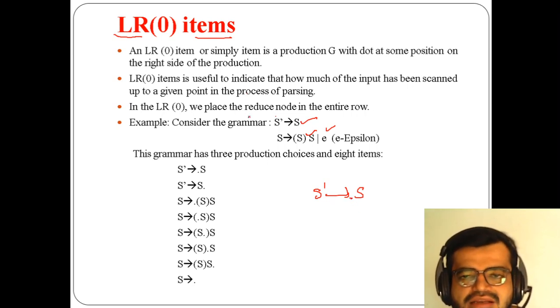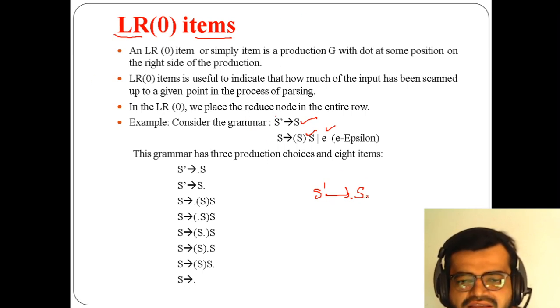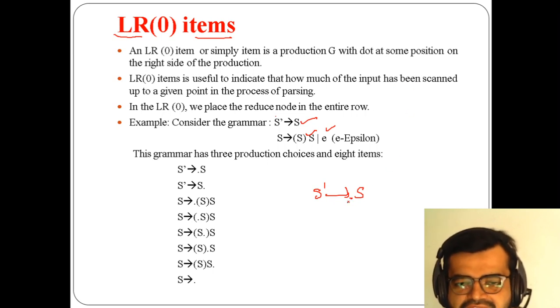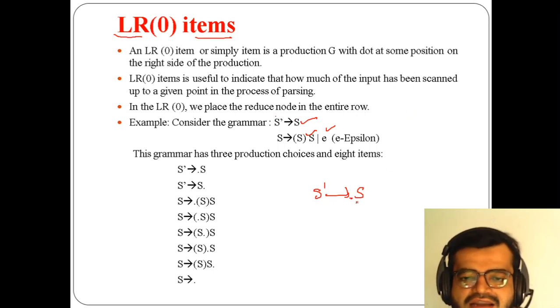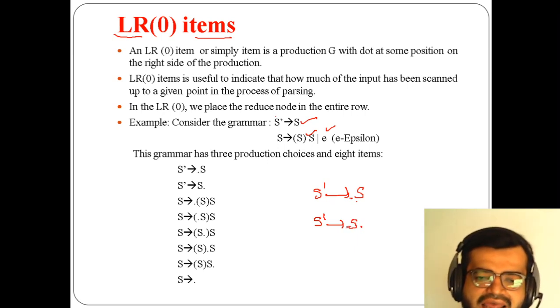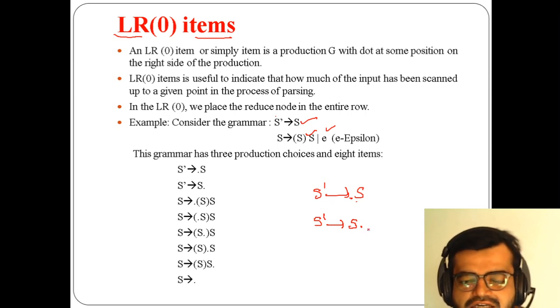What does this dot indicate? It indicates how much of the input has been scanned. In this item, none of the input has been scanned because the dot is at the initial position. But if I write S' produces S dot, it means that S has already been scanned, and now there is neither a terminal nor a non-terminal left, so it has been completed.